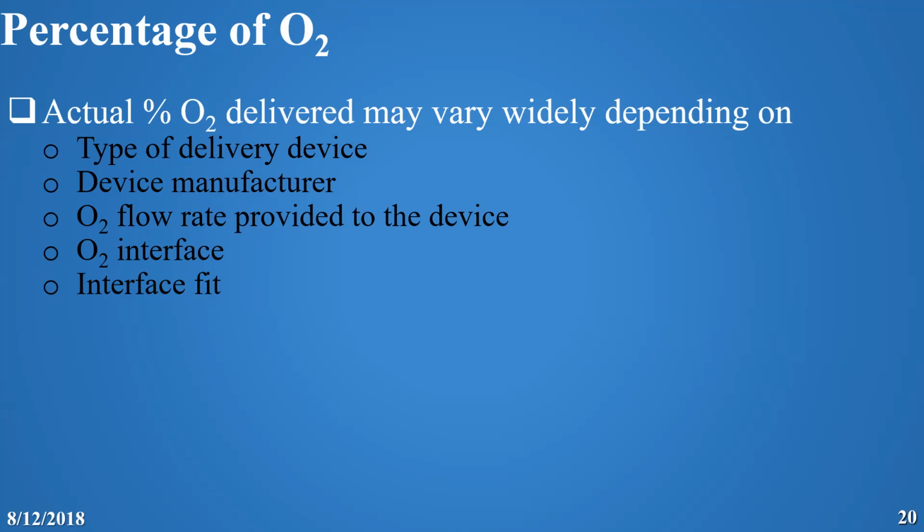So what is the type of the device we are using? Who manufactured the device? What is the flow in that device? What is the interface? And whether that interface fits or not. Now, is this slide clear? Any question about this slide? Questions?